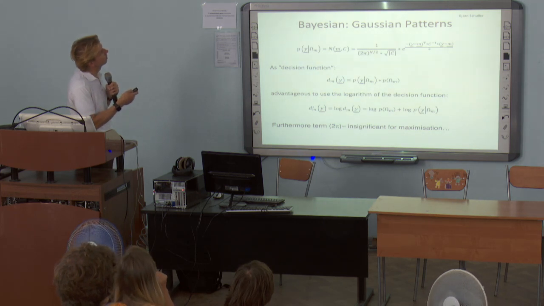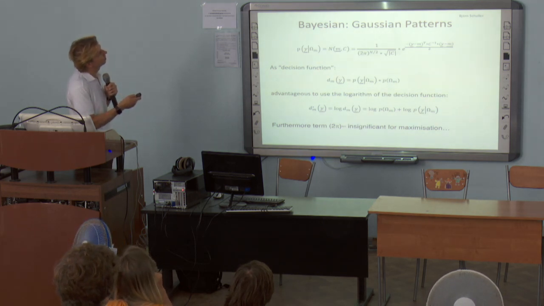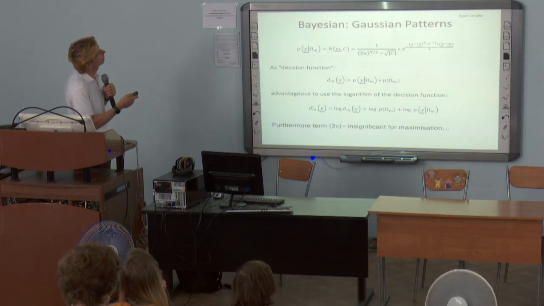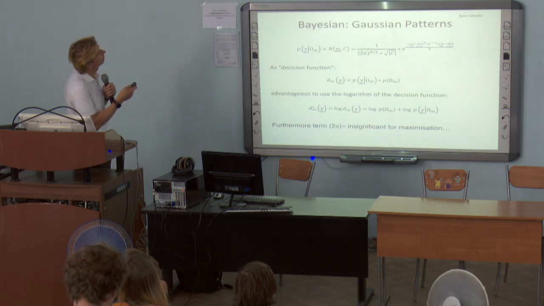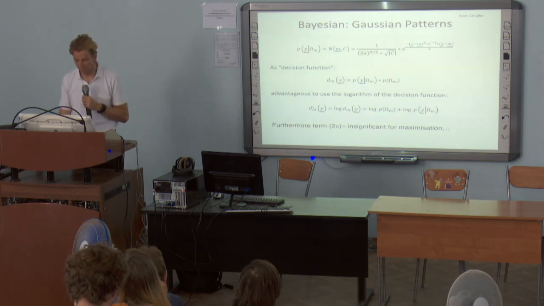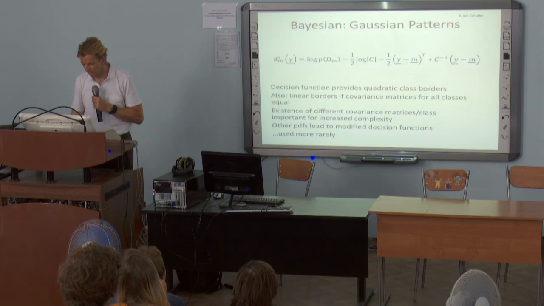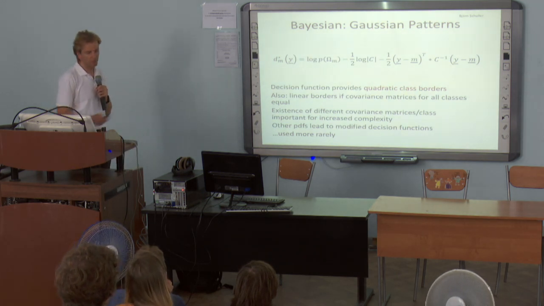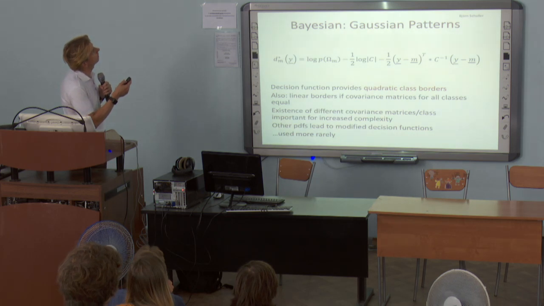So you're using the log of the normal function, and hence here added log probabilities, and the term here in the normal function is a constant and can be neglected because we're only maximizing. We're not interested in the absolute value, but only in the relative differences. So this is the kind of decision function we're looking at.